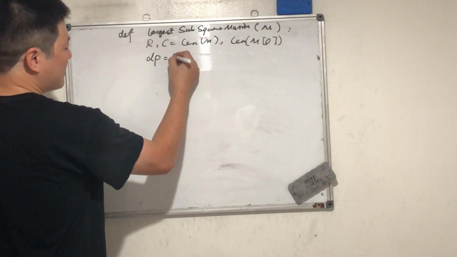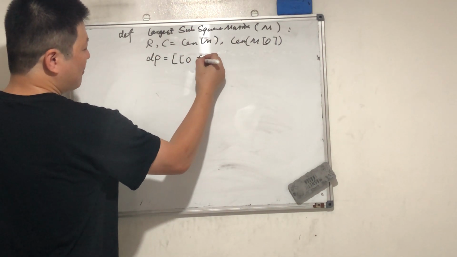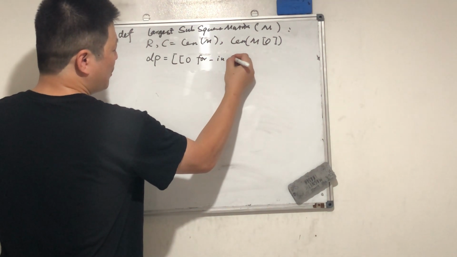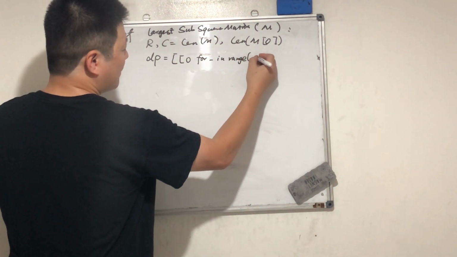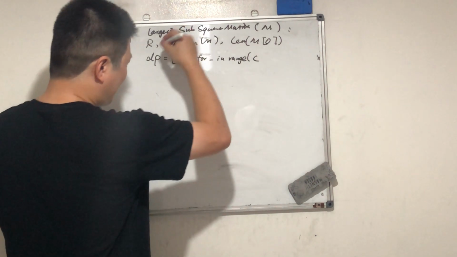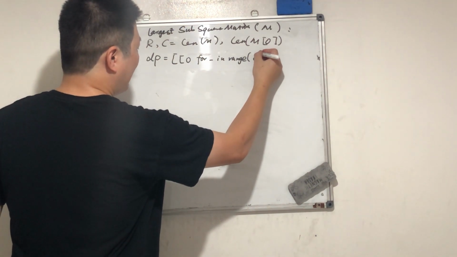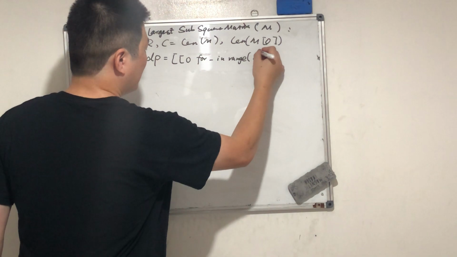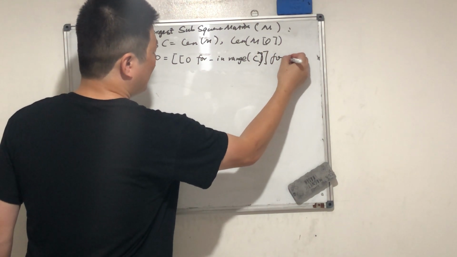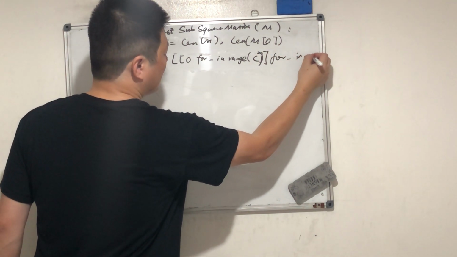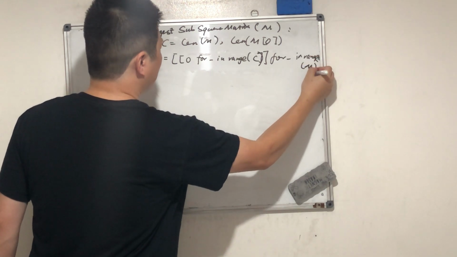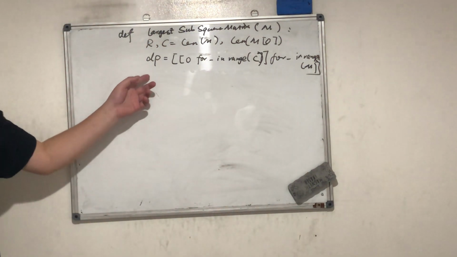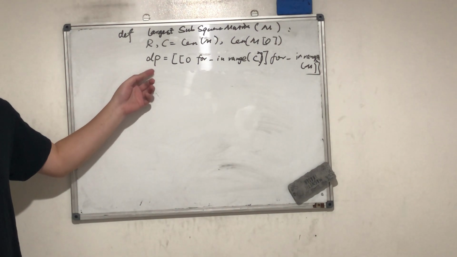Now I want to create a DP array. DP array equals, at the beginning, 0 for underscore in range columns, right? And then for underscore in range R. What does this do?